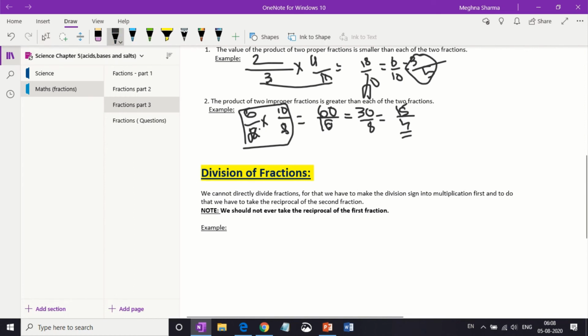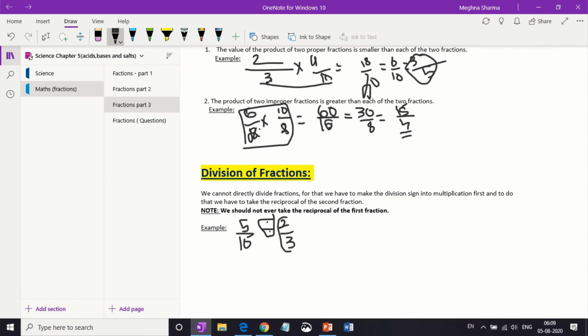Let me take an example again: 5 by 10 divided by 2 by 3. As I told you, we cannot divide fractions directly. This should be changed into multiplication. For that, we have to take the reciprocal.